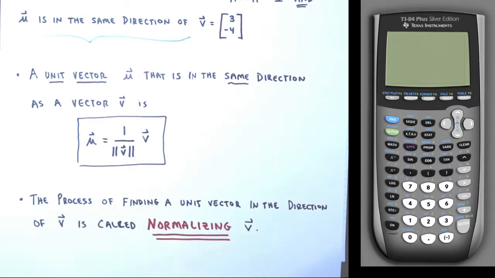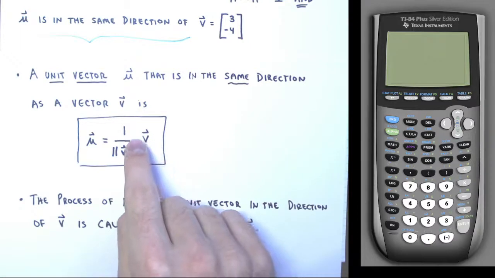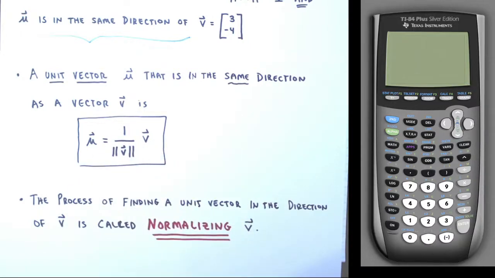If you ever hear me say in the future, I'm going to normalize this vector, that just means I'm finding a unit vector in the same direction, multiplying that vector by the reciprocal of its norm. It's really that simple.